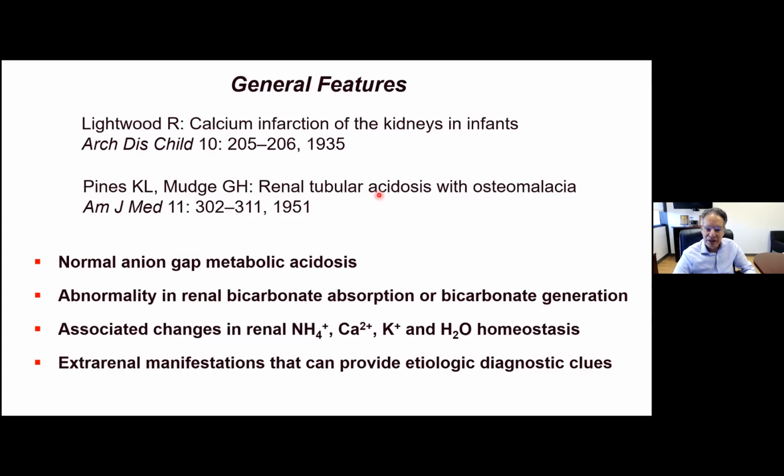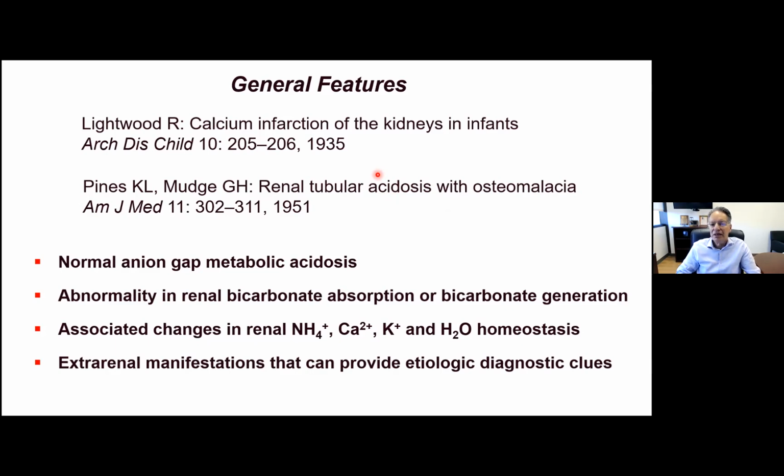As far as the literature, it was really in 1935 that the entity first appeared, but there was no term renal tubular acidosis. Actually, what was described was what was called calcium infarction of the kidneys in infants. The word infarction was used, but really this was calcification of the renal parenchyma, or what we would call nephrocalcinosis today.